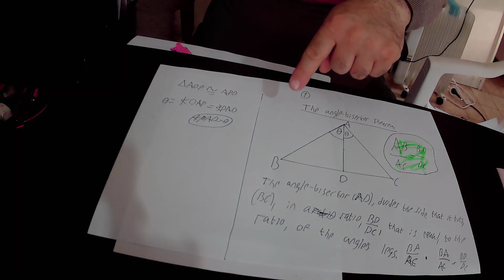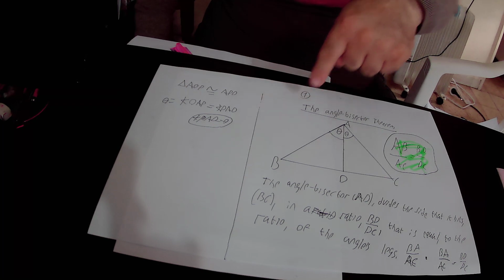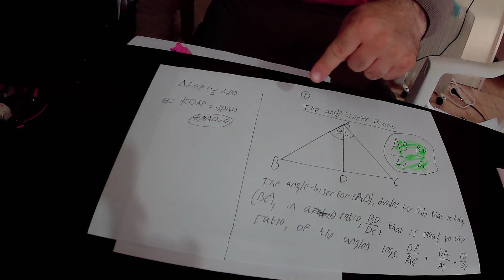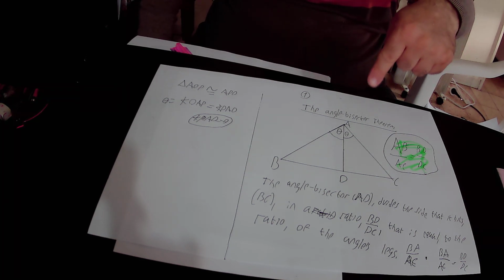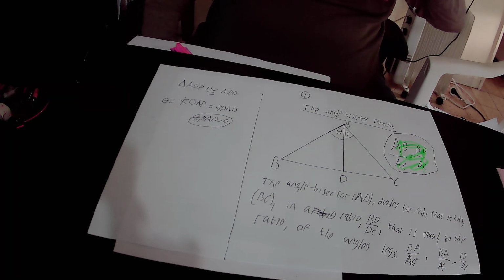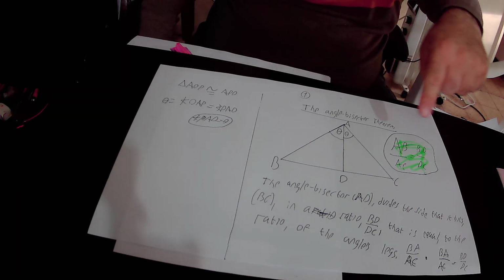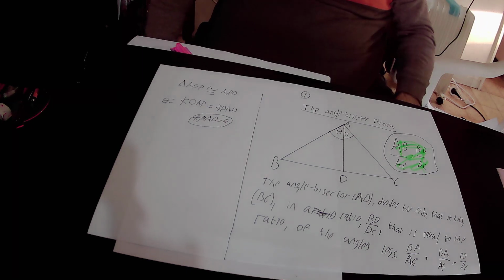First of all, we are talking about angle BAC. And the legs of angle BAC are BA and AC. And the ratio between the legs of angle BAC is BA over AC, or AB over AC.